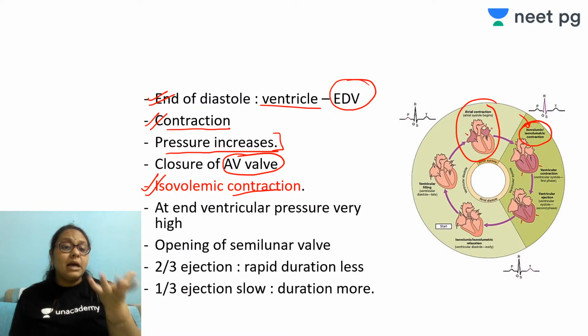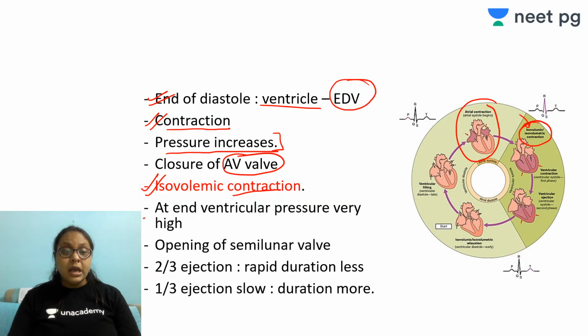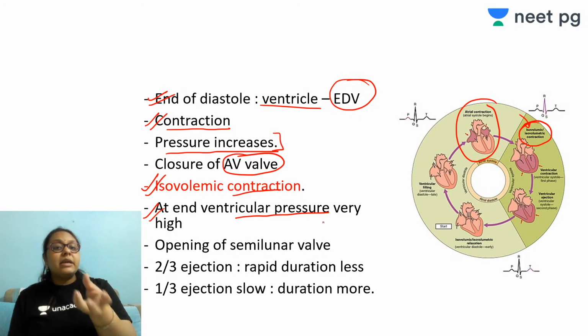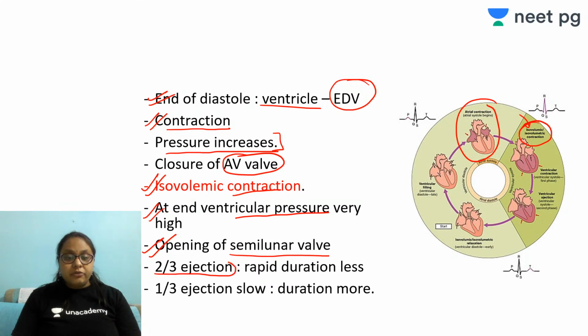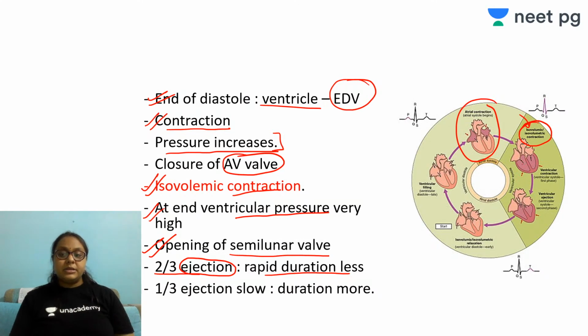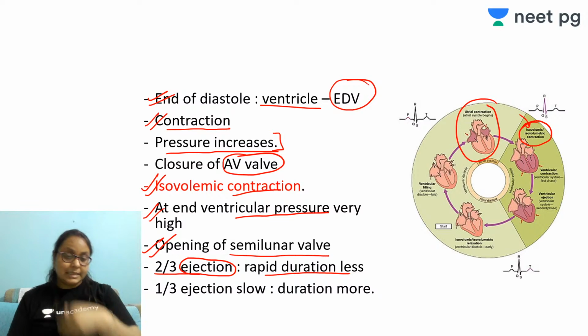The ventricle has a lot of blood, so at the end of isovolumic contraction the ventricular pressure is very high. It is so high that the semilunar valves, the aortic and the pulmonary valves, will open, and therefore there will be ejection of the blood, 2/3 ejection, that is rapid duration. There will be ejection of the blood from the ventricles either towards the pulmonary circulation or into the systemic circulation.